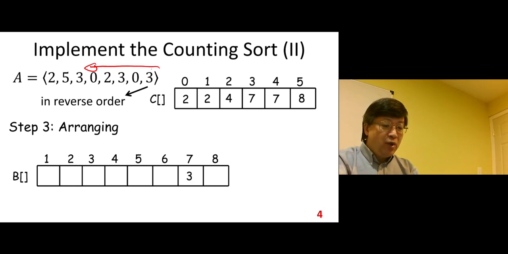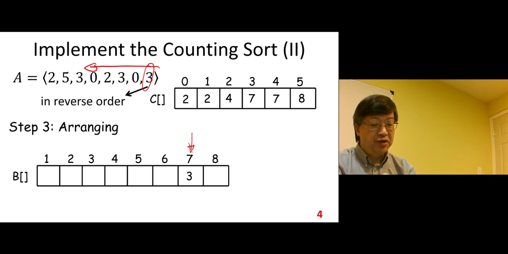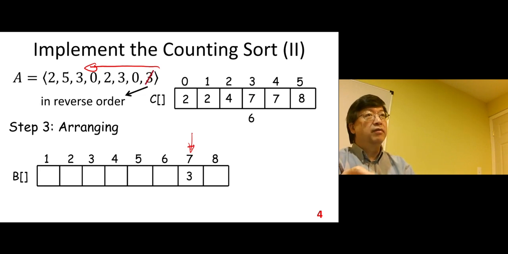First, when we see 3, let's go to the C array, index 3. The value is 7. That means the position is 7. So we should place that element at position 7. After that step, we decrease the position number under 3 by 1. So we get a 6 value, and cross out that element just processed.